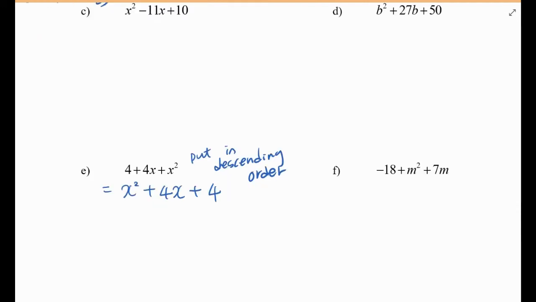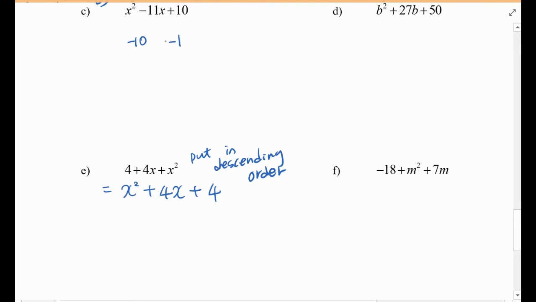Alright, have you tried those 4 questions, everyone? So let's do it together. We have negative 11, positive 10. You have to find 2 numbers that add up to negative 11 and multiply to positive 10. I'm going to choose negative 10 and negative 1.